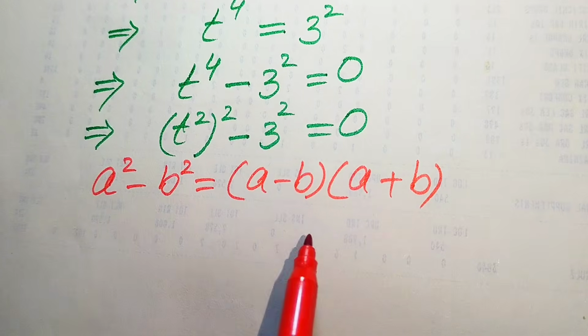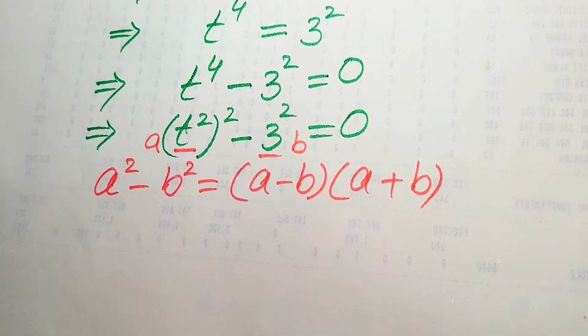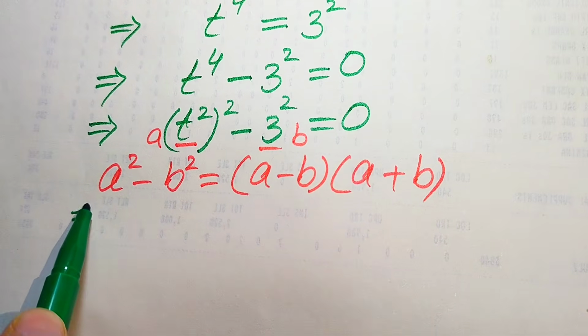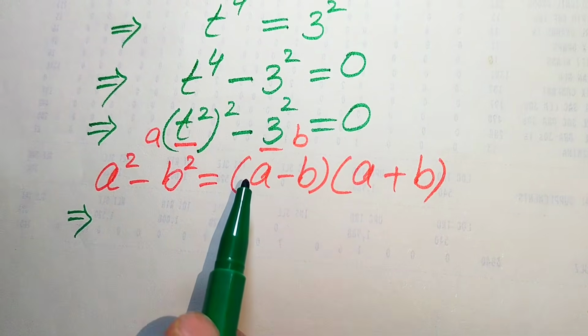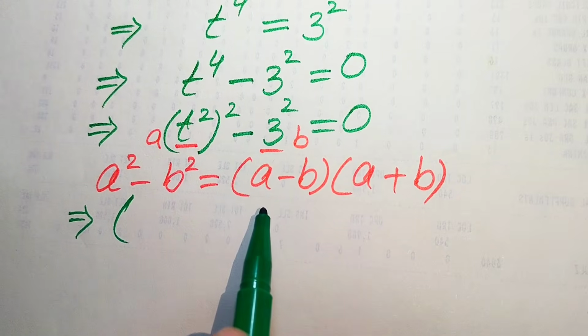According to this formula, the base of this term is our a and the base of this term is our b. So we substitute the values of a and b into the right hand side of this formula.